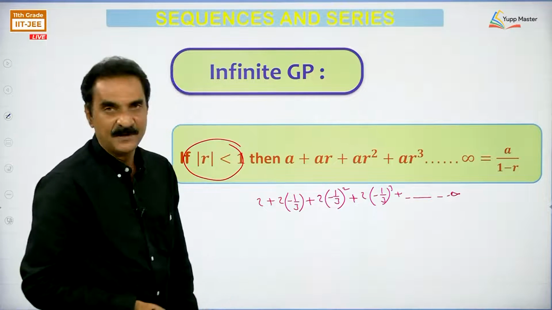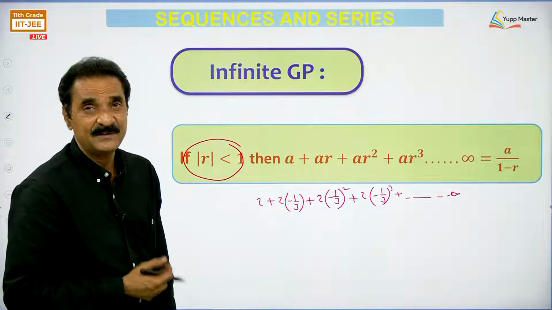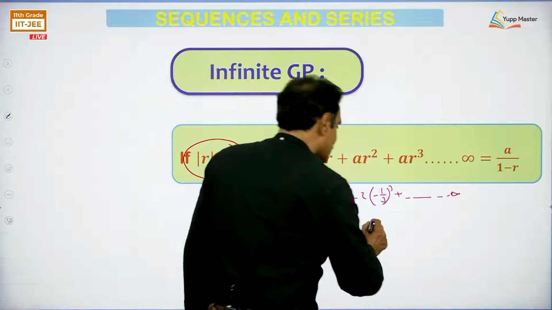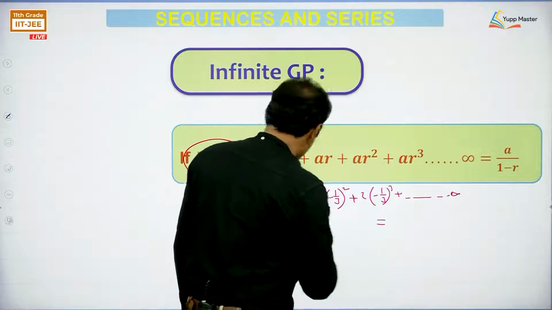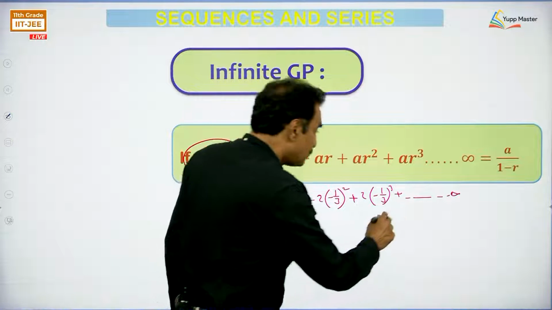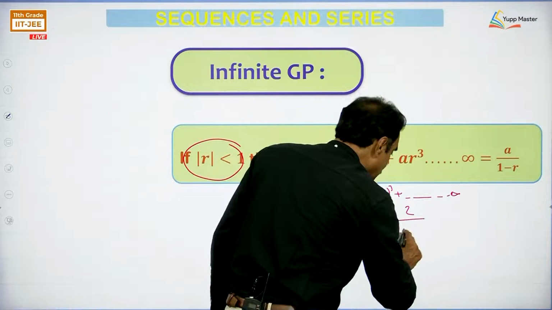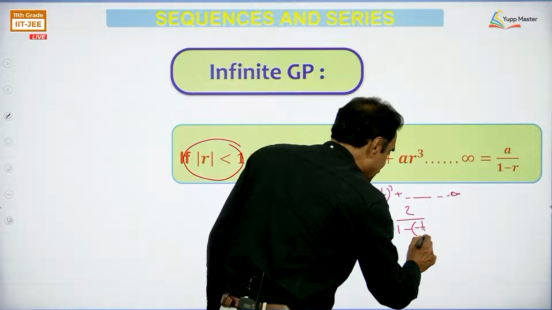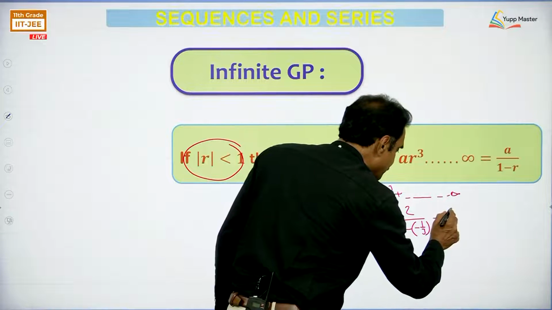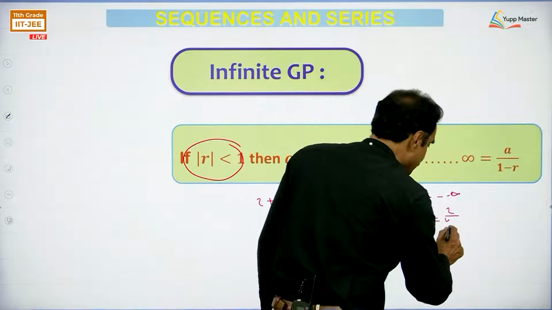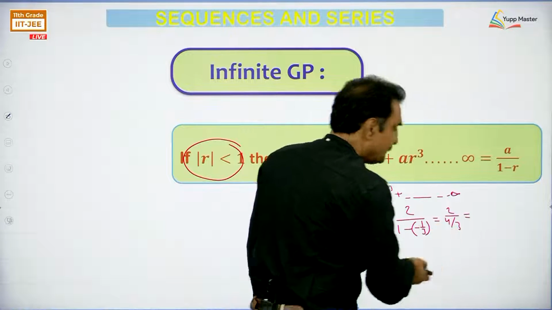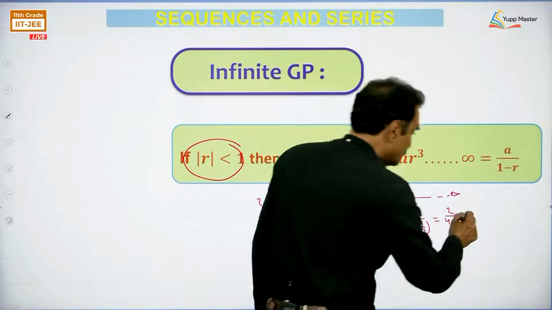Clearly it is a GP with common ratio minus 1 by 3. So, the sum of this series is equal to a by 1 minus r. A is 2. 2 by 1 minus of common ratio minus 1 by 3, that is 2 by 1 plus 1 by 3, which is 2 by 4 by 3. Then if you simplify, you will get 3 by 2.